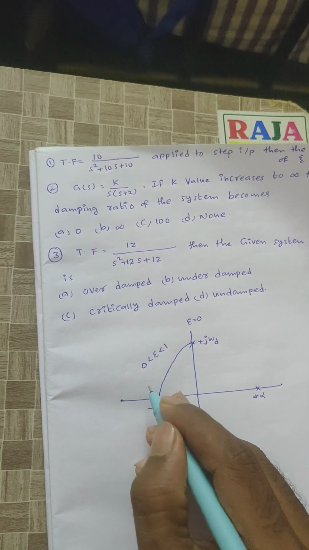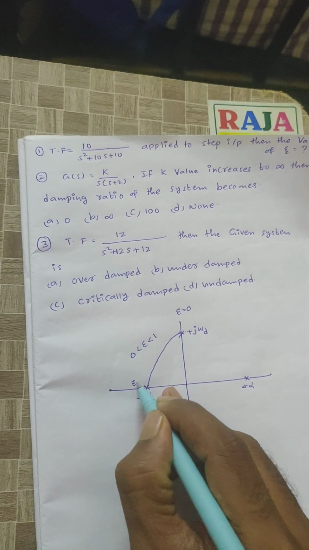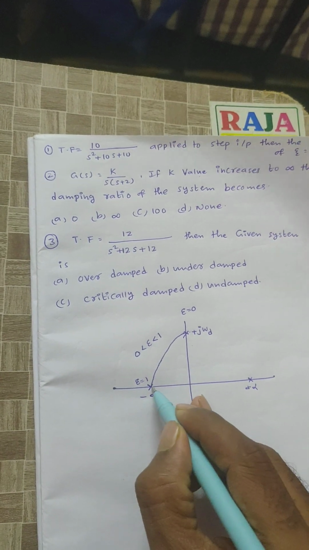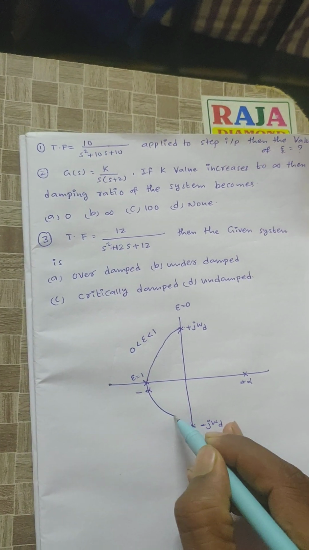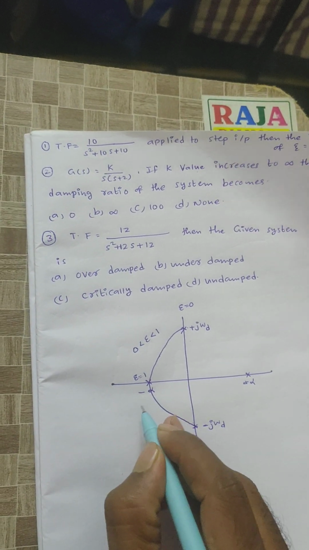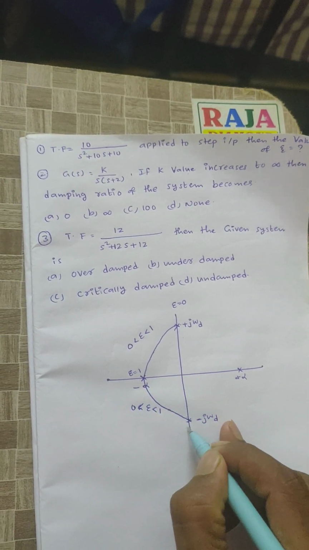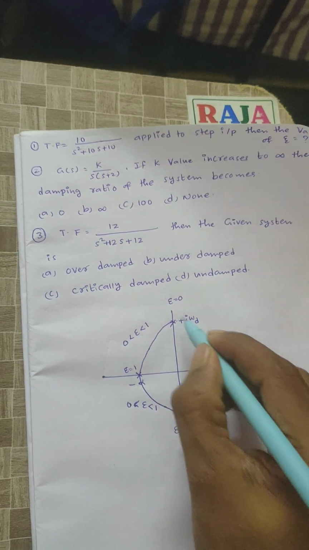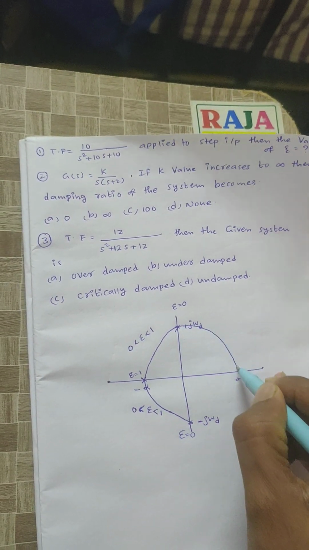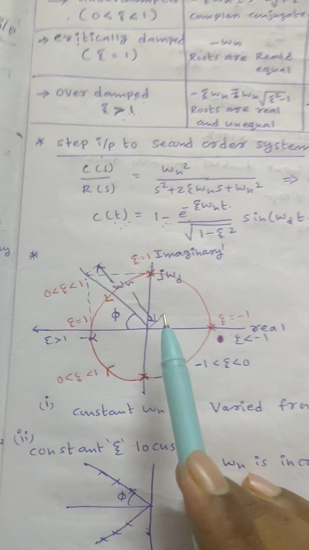Next, this is zeta equal to 1, then again 0 less than zeta less than 1, and again zeta equal to 0. In this way we will get a waveform.